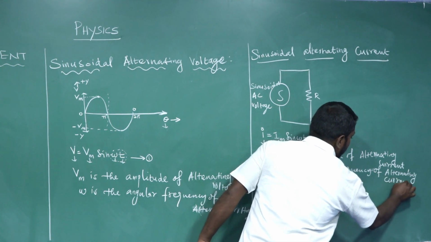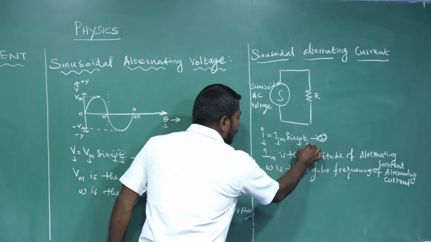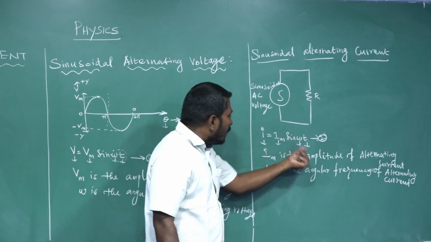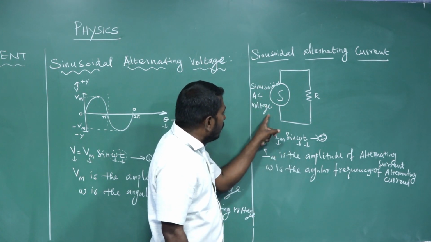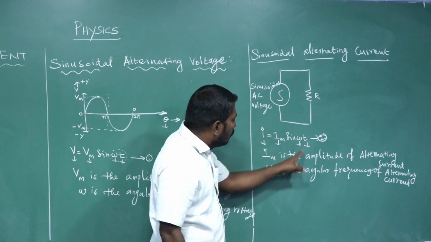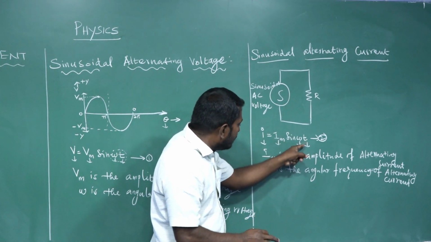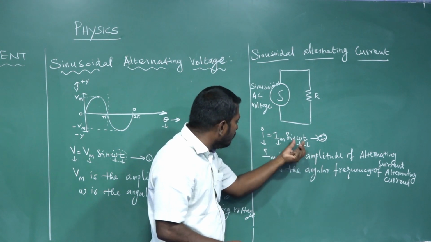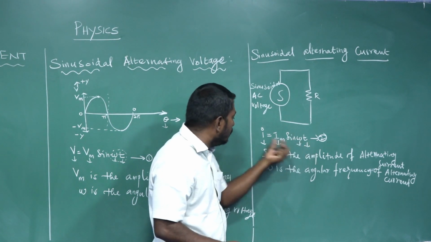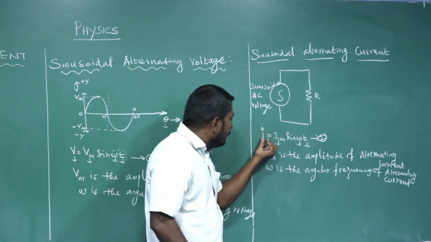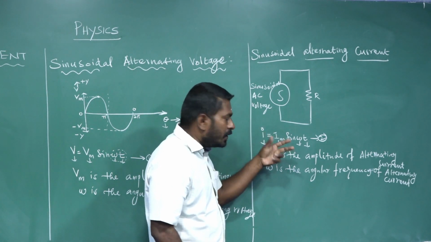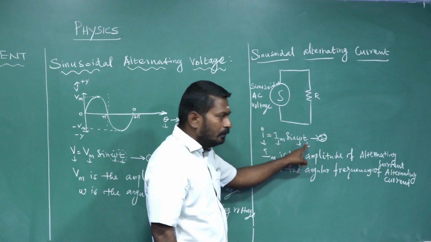T is the instant of time, and a sinusoidal alternating voltage is connected to the closed circuit. As the time value increases, the entire omega t value changes with respect to the sine function. Then automatically the instantaneous value of alternating current also changes depending upon the time value.